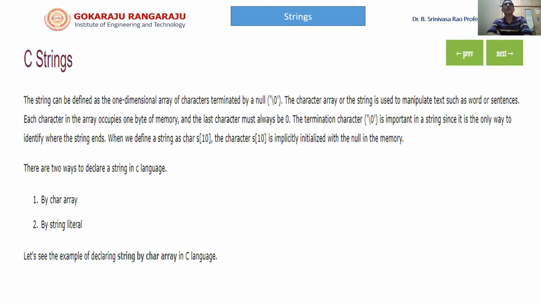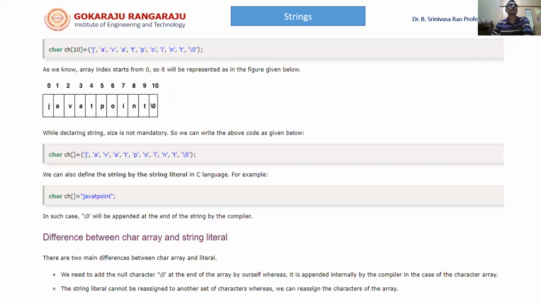in the memory. There are two ways to declare a string in the C language. One, by char array, two, by string literal. Let us see the example of declaring strings by char array in C language. The syntax is the data type char ch, and we are giving some size, 10.